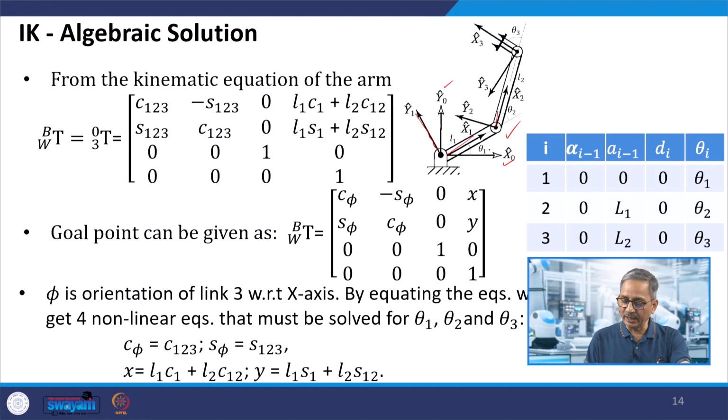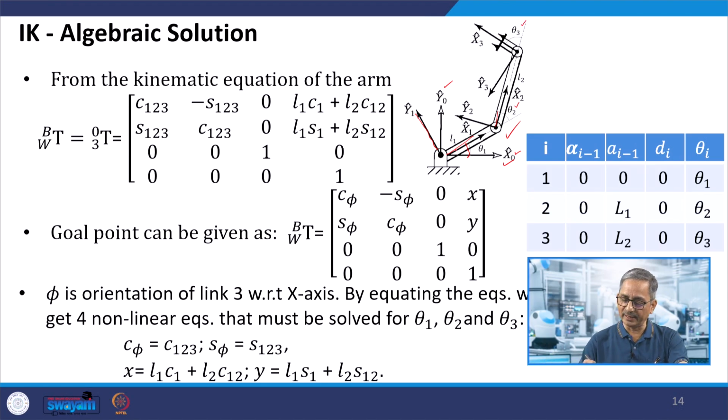So, the angle between the base frame and x1 cap, that is the first link, is theta 1. Similarly, the angle between the first link and the second link is theta 2, and the angle between the second link and the third link is theta 3.